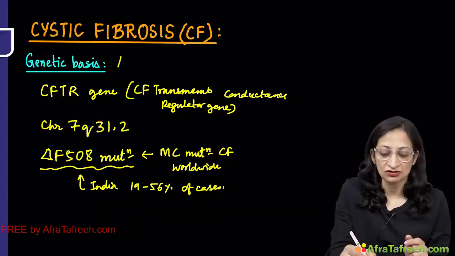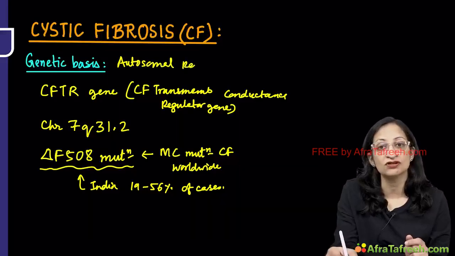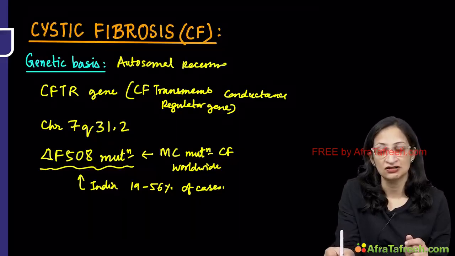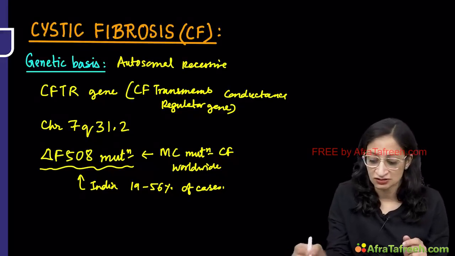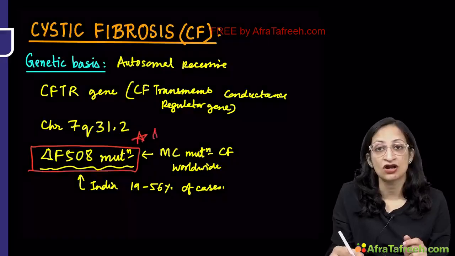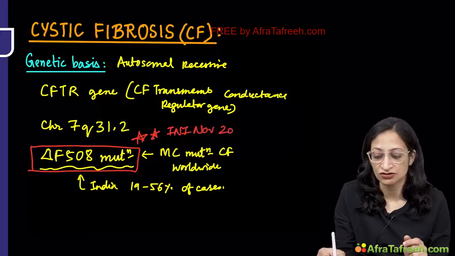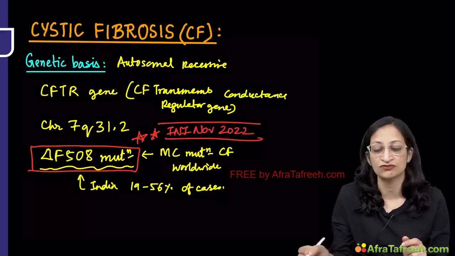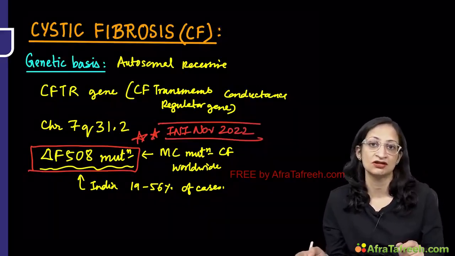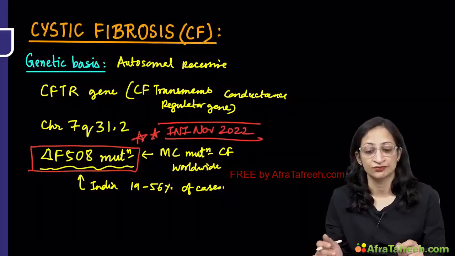So, this cystic fibrosis is one of the disorders which shows autosomal recessive inheritance, right? So, this information was asked in your INI November 2022 exam. So, the most common gene mutation responsible for cystic fibrosis, right? So, we need to know the genetic basis of this very important disorder.